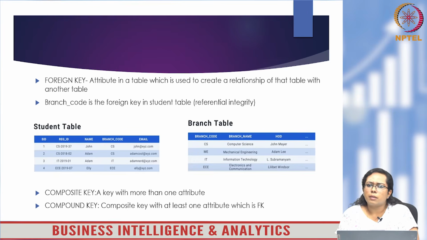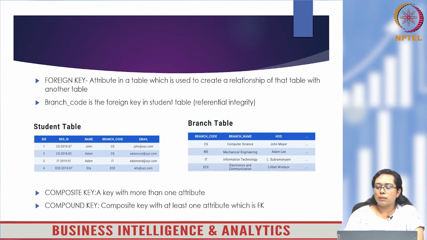Can there be fields that repeat in both the tables? For example, see this example, branch code is there in the student table as well as the branch table. So it is not unique to one table, it repeats in multiple tables. The attribute in a table which is used to create a relationship of that table with another table is known as a foreign key.